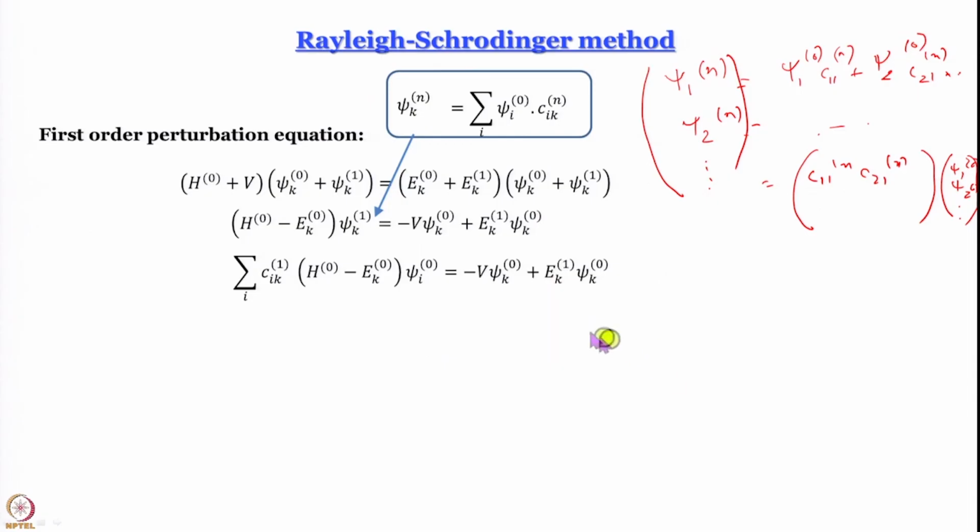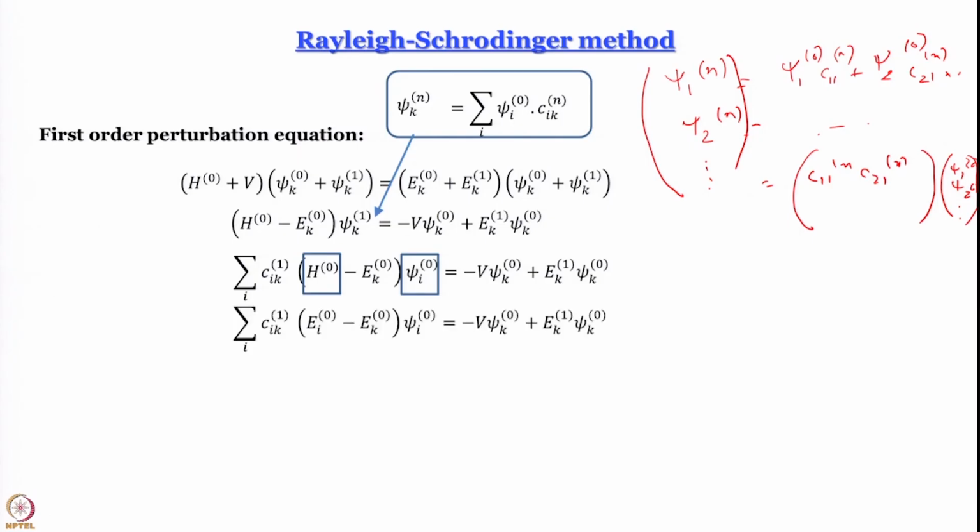I have just taken this and plugged it in here. Now what will happen? I know what happens when H 0th, the unperturbed Hamiltonian, operates on the ith unperturbed wave function psi i 0th. What do I get? Eigenvalue equation, right? I should get E i 0th multiplied by psi i 0th. So, this is the expression I get.